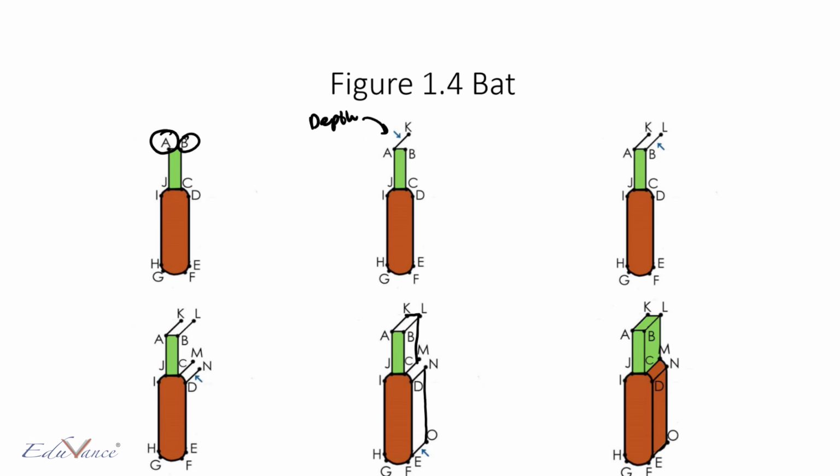Now, if you look at C and D, there is a curve here. Since C and D are connected by a curve, I have to make sure that M and N are also connected by a curve.